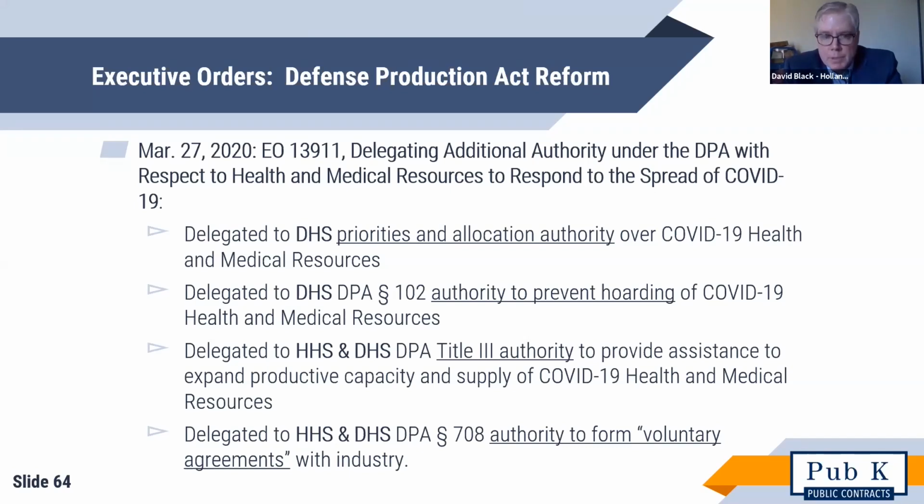And in fact, there were several Title III investments made in production lines for personal protective equipment like N95 masks. In addition, both HHS and DHS receive authority to form voluntary agreements with industry. That authority, to my knowledge, has not been utilized yet. Next slide.